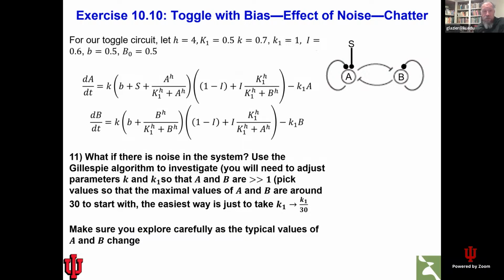And 30 is not unreasonable because it's not unusual to have 10, 20 copies of a transcription factor.